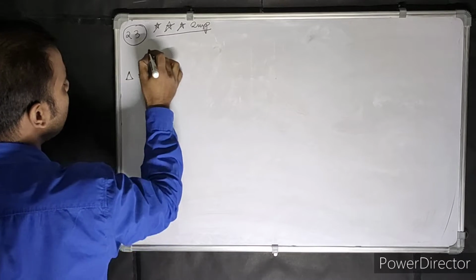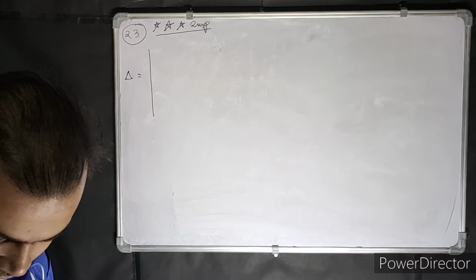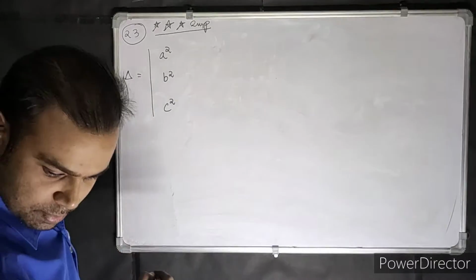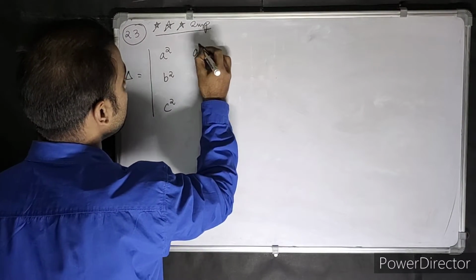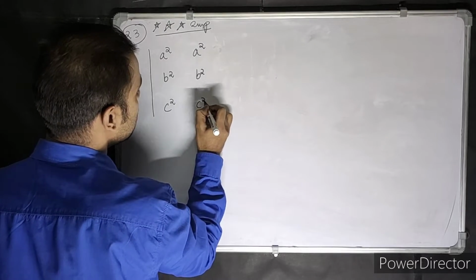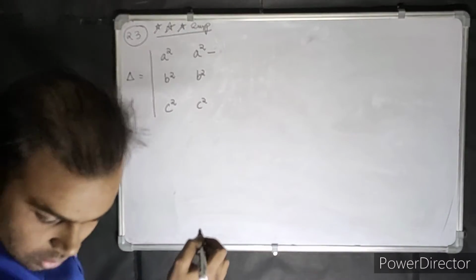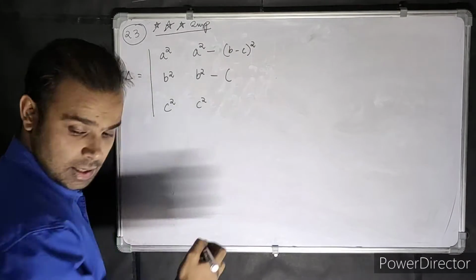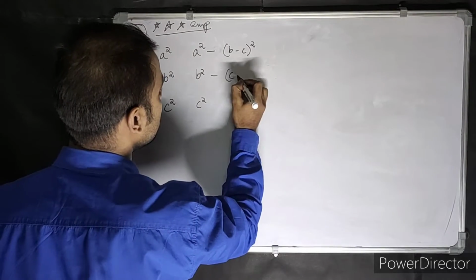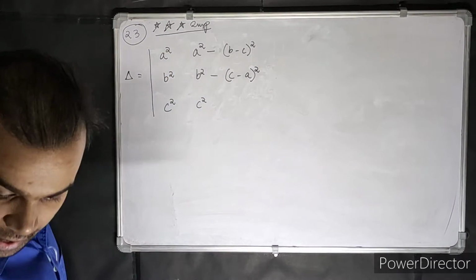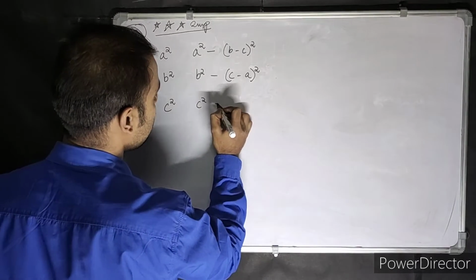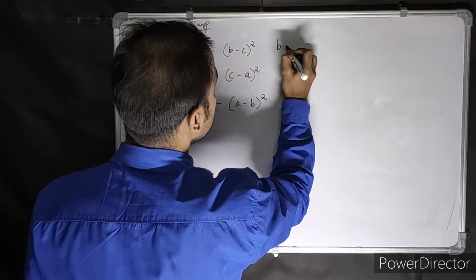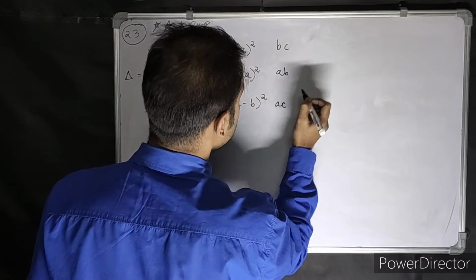So the determinant is given as: a square, b square, c square in the first row, then a square minus bc whole square, b square minus ca whole square, c square minus ab whole square, and the third column is bc, ab, ac.